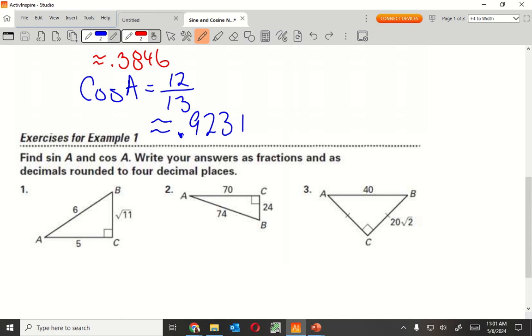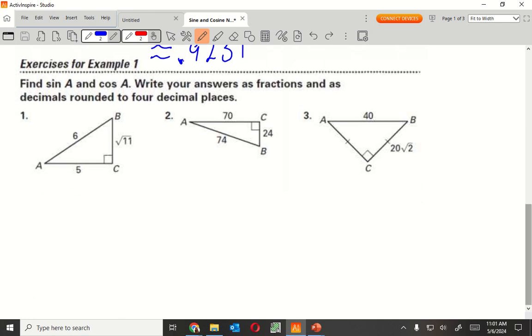So from my reference angle here, sine of A is going to be opposite over hypotenuse, so square root of 11 divided by 6, which is going to give me about, what do we get there?